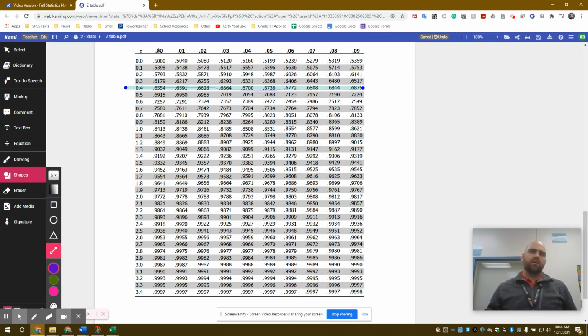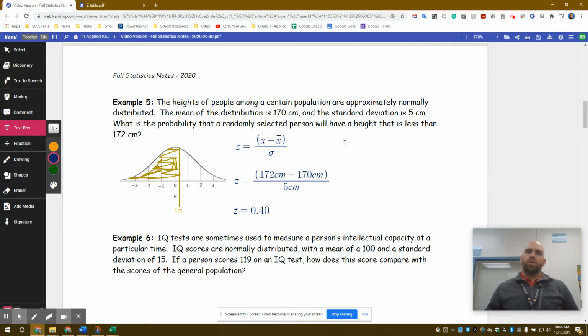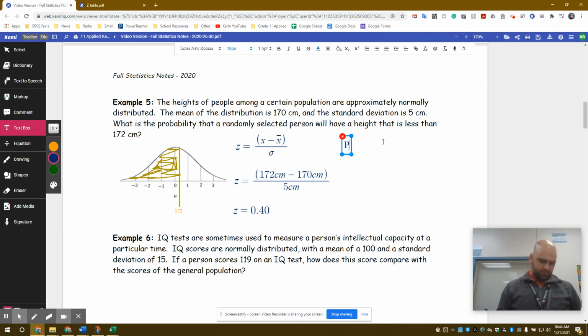So 0 is right here. So we're going to take a look at this one right here. So our probability that we're given here is 0.6554. Okay, that's our probability, which translates into 65.54% of the population.